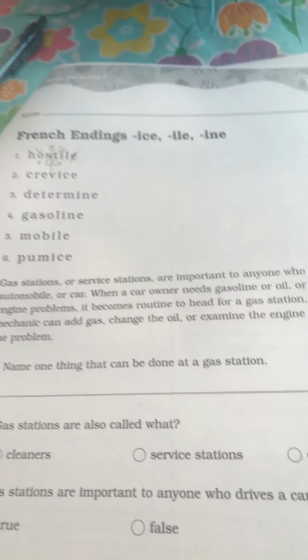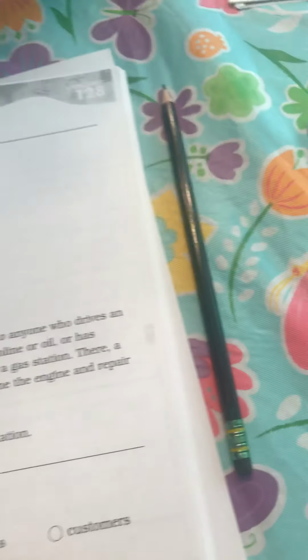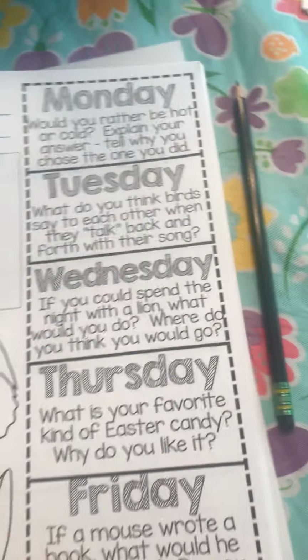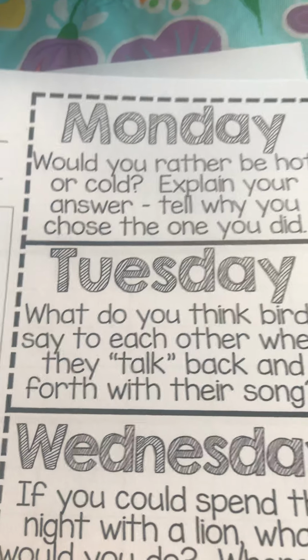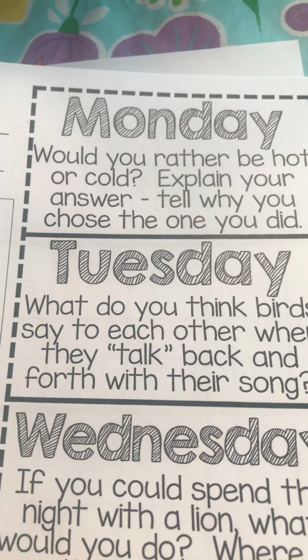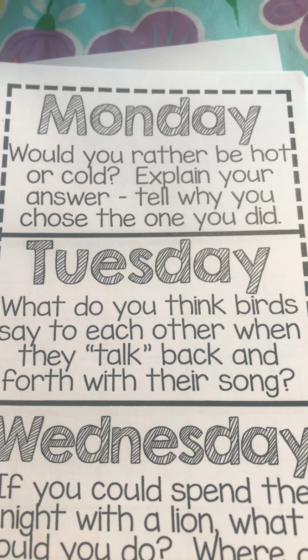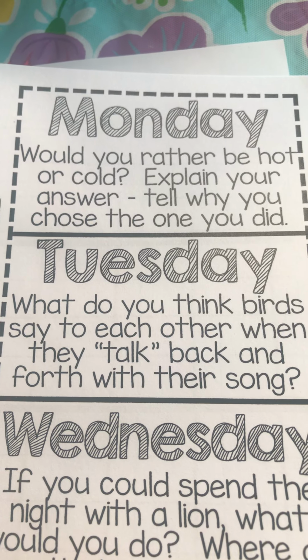Okay, the next part that you need to make sure that you do is your writing. For today, it says, would you rather be hot or cold? Explain your answer. Tell why you chose the one you did.